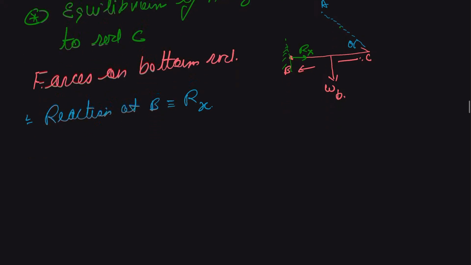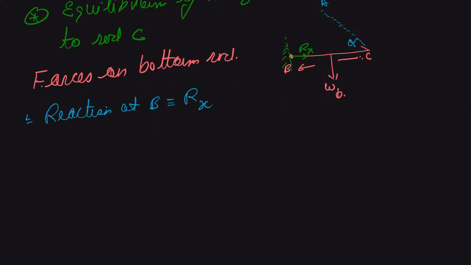Okay. And the second one will be the force from the top rod, from A to C. Okay. So you can say force at C from A. So obviously it is going to have two components.